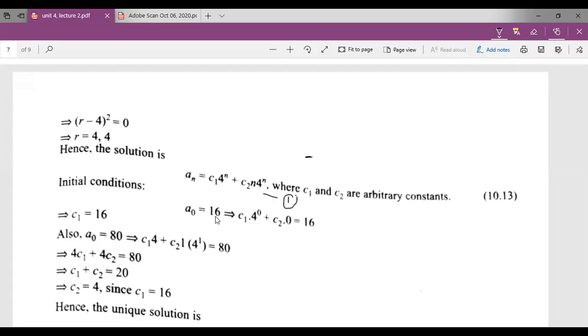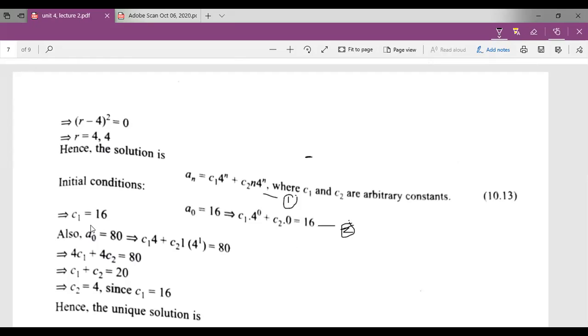So here a naught value is equal to 16. So we get the equation C1 plus C2 is equal to 16. Let it be equation 2. Okay.